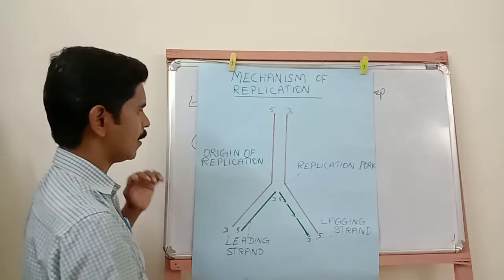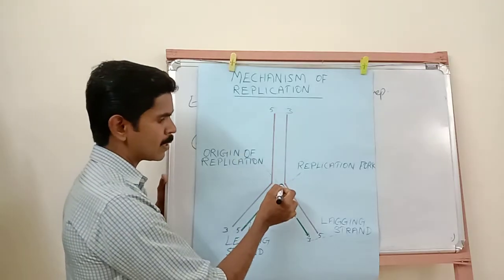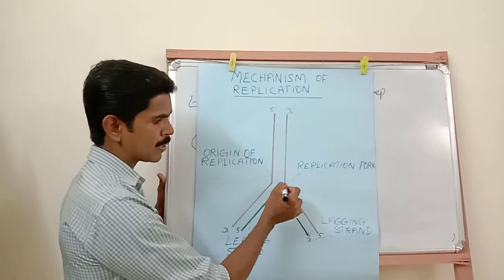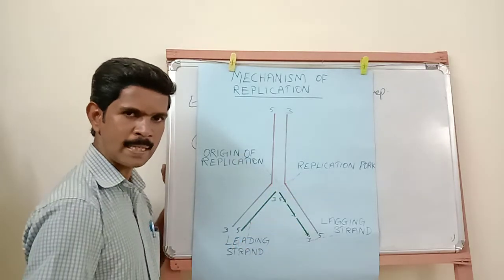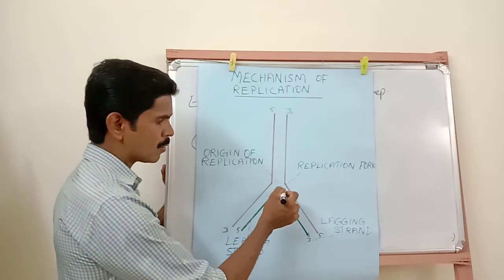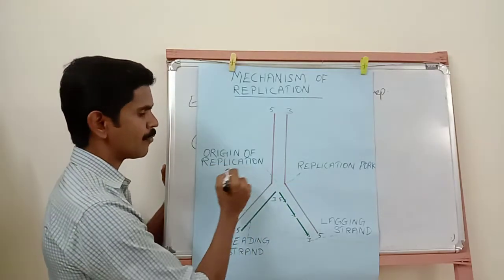Listen very carefully. The replication process takes place at a particular site or area, and this particular site is called the origin of replication.